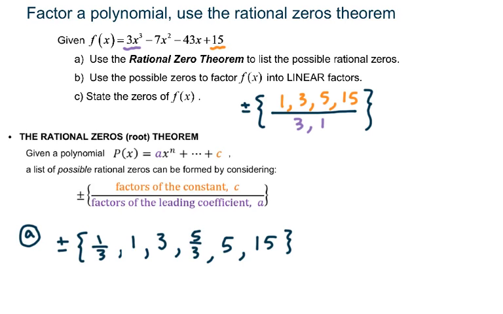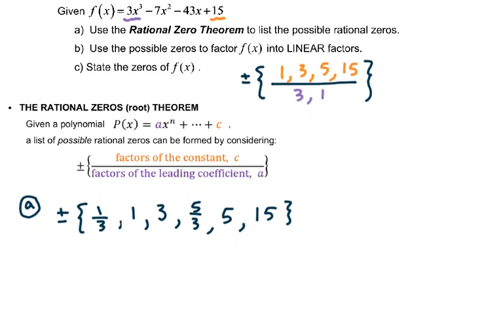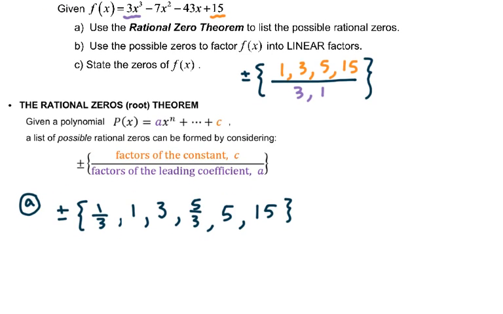So I have this set of 6 values here. Of course, we need to use plus or minus, so that means it is 12 possible zeros that we're going to test in synthetic division.